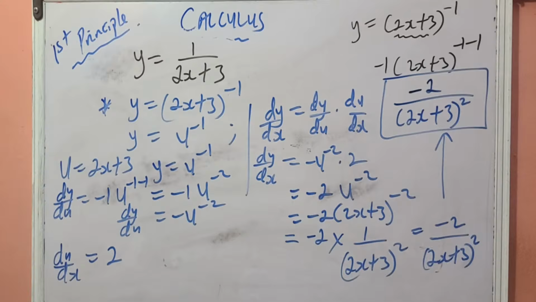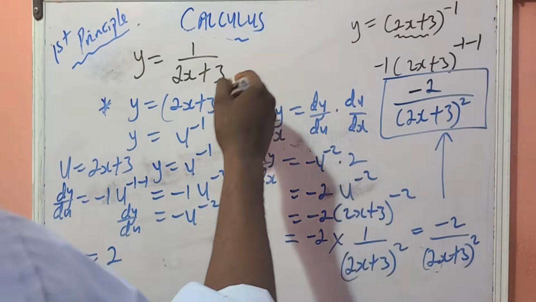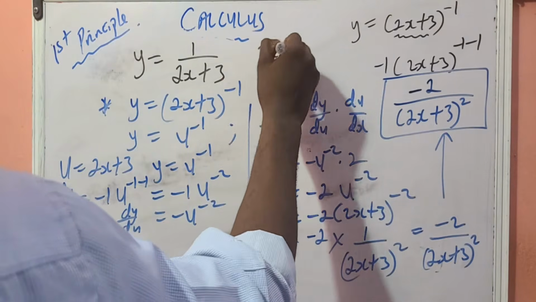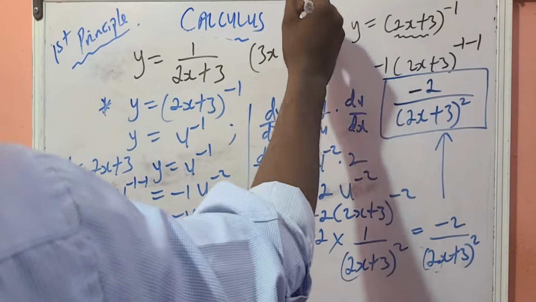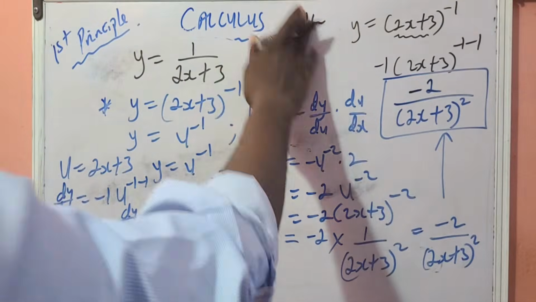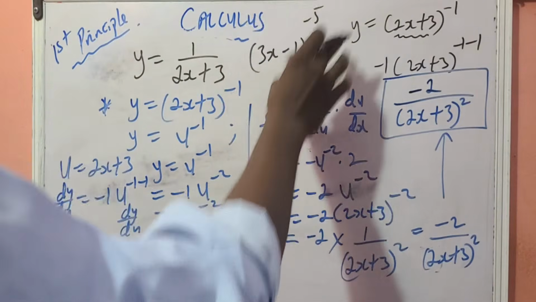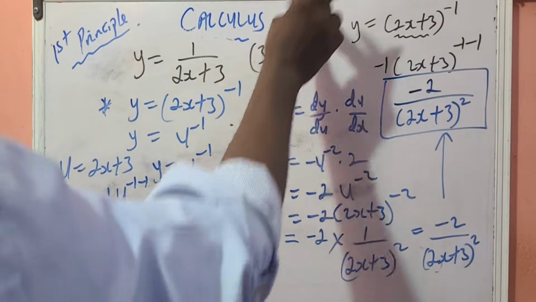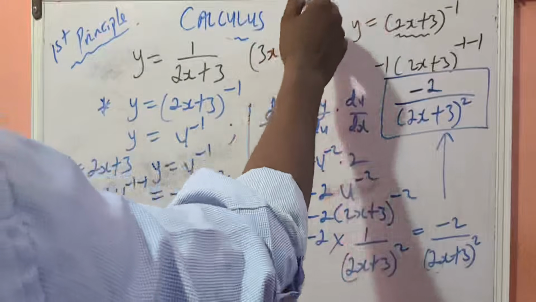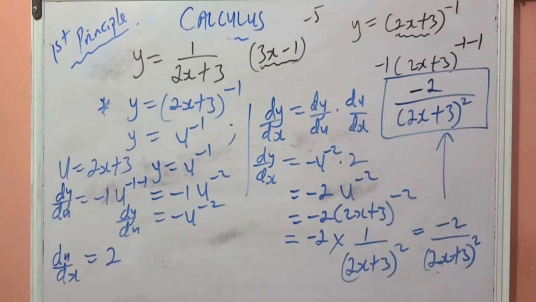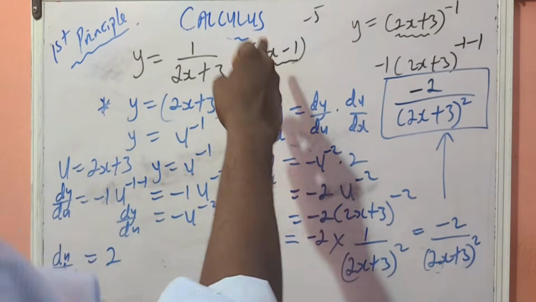You use chain rule when you have a situation like this. It doesn't have to be minus 1. It could be anything. It could be maybe (3x minus 1) raised to power 1 over 2, for instance, or raised to power 3, or raised to power minus 5. Once you have a situation where something is raised to the power of something, positive or negative, but that thing is a compound expression, it's in situations like this that we make use of chain rule.